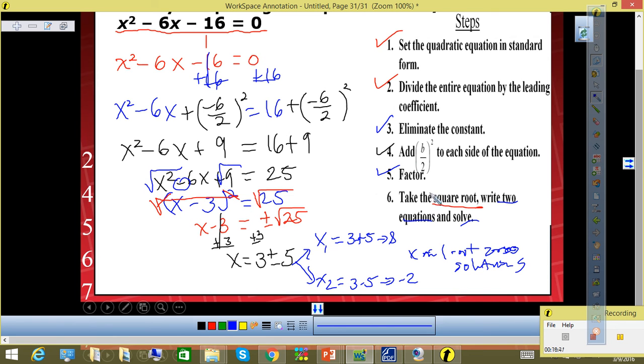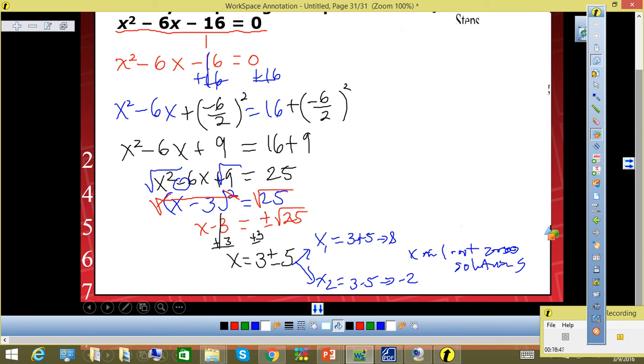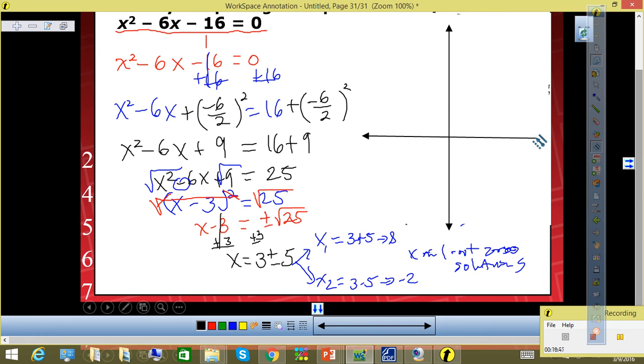All right, so let's graph this. Now that we can graph, what is our y-intercept, everyone? Negative 16. And our roots? 8 and negative 2. Is this a frown or a happy face?